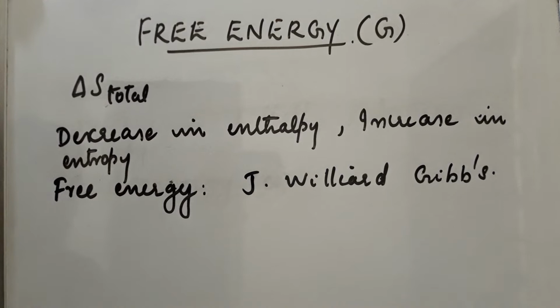Gibbs energy of a system is defined as the maximum amount of energy available to the system that can be converted into useful work during a process.